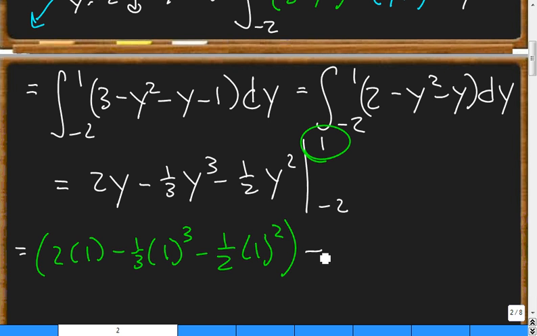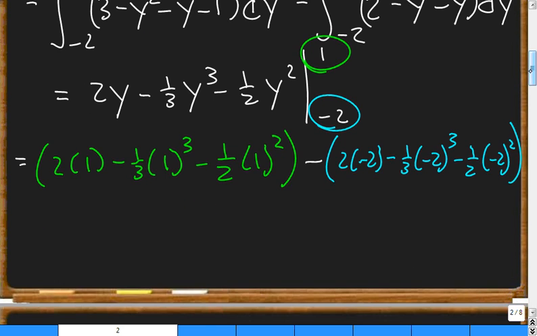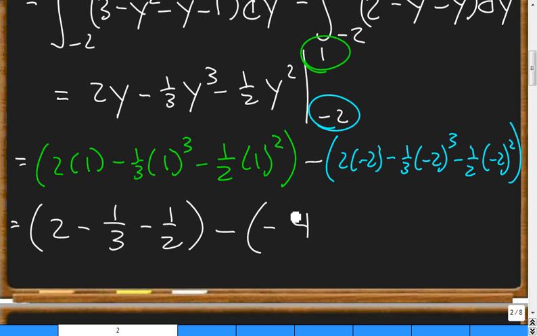We subtract away plugging in -2: 2 times -2 minus 1/3 times -2 cubed minus 1/2 times -2 squared. Then we simplify. 2 times 1 is 2, minus 1/3, minus 1/2. We subtract away: this will be -4. -2 cubed is -8 times -1/3 makes a positive 8/3. And -2 squared is 4 times -1/2 makes -2.